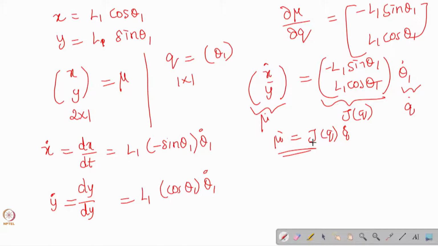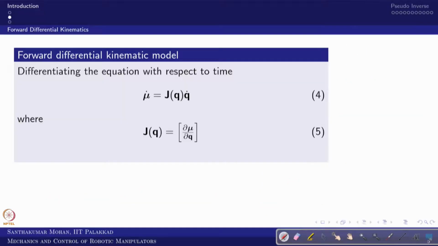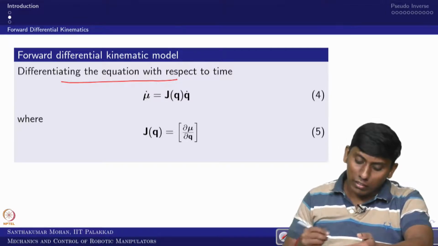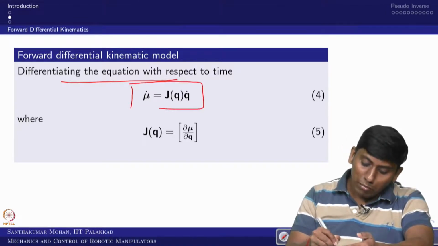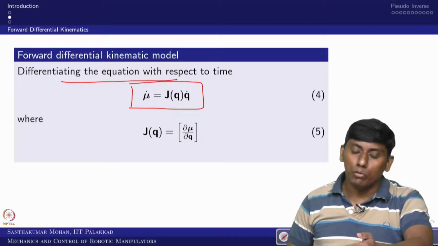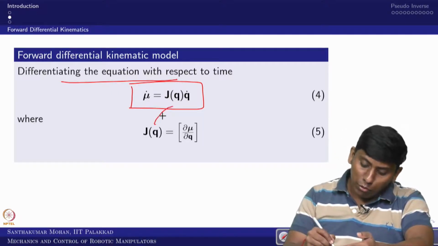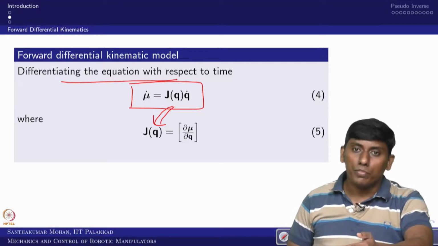Now you can see this is a partial differentiation of mu with respect to q, and this you can write as mu dot divided by q dot. So the same thing we are writing in the other form. Differentiating the equation with respect to time, you can see the mu dot we have obtained as J of q into q dot, where this J of q is a matrix of partial derivatives. Why is it called a matrix?